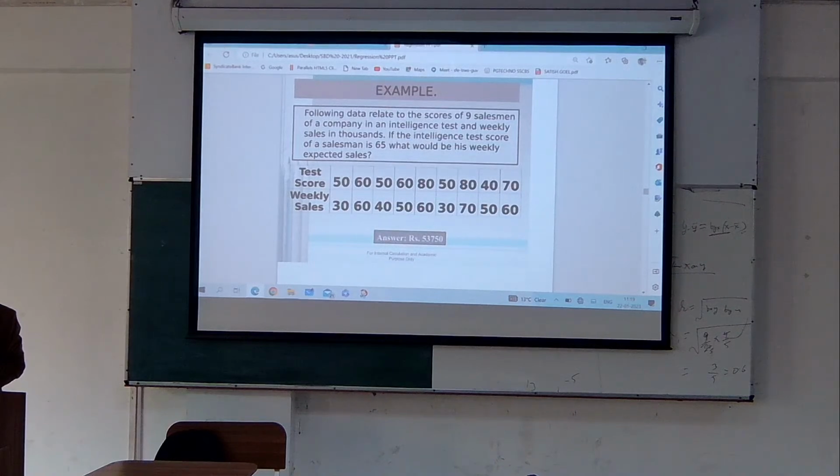Similarly, this is another example. You can see there are 9 salespersons of a company, and the data is related to an intelligence test and the weekly sales. That means you want to know the relationship between intelligence and sales basically, that if some person is intelligent, does their sales also become higher or not.